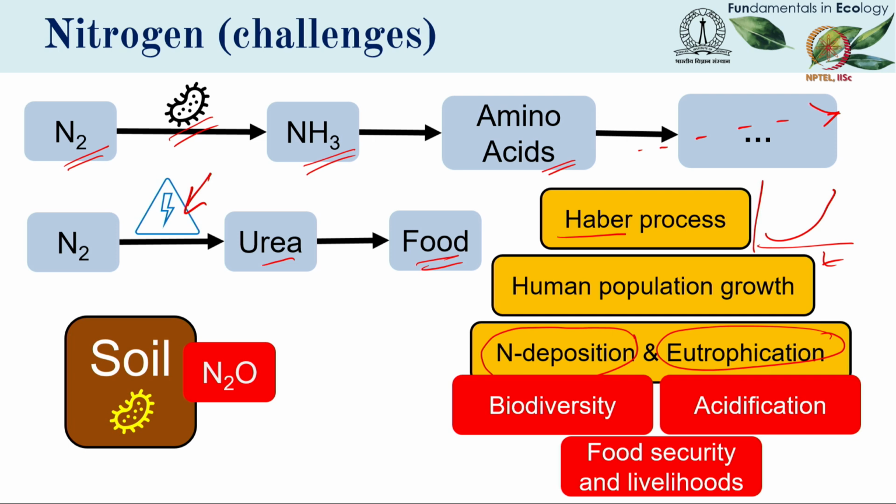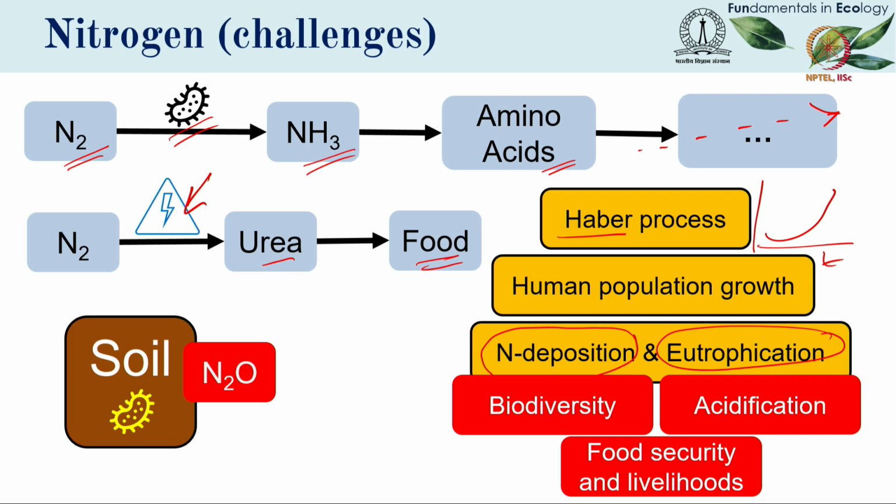So the rainwater brings back reactive forms of nitrogen and causes eutrophication of terrestrial ecosystems as well. So that also has consequences for biodiversity, because the moment you change the availability of a limiting resource, competition, facilitation, and many other interactions involving living organisms also get altered.